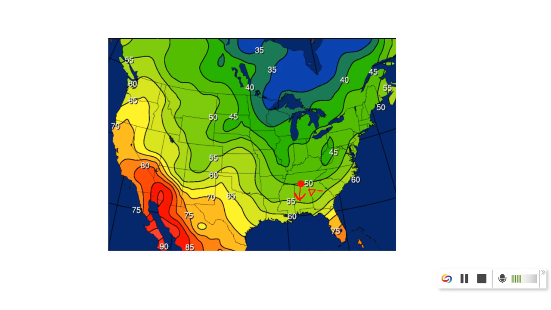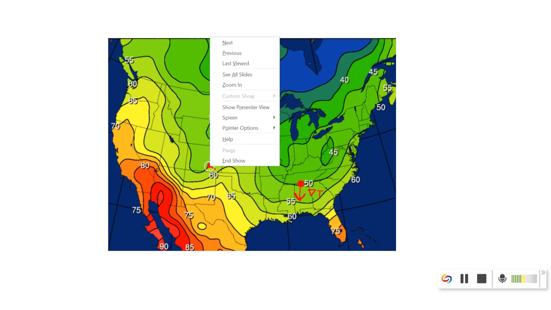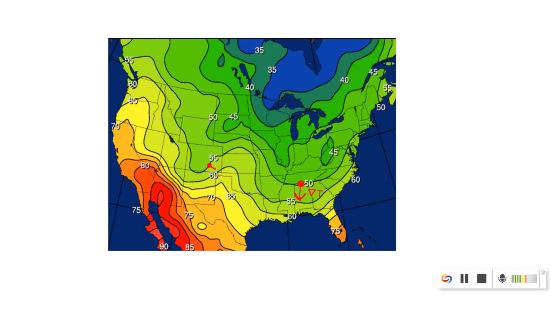So I know my temperature gradient would look something like that. Or, for example, if we move into Colorado, let's say I look at this point right here, my gradient vector would be normal, and it would point in the direction of the higher temperatures.